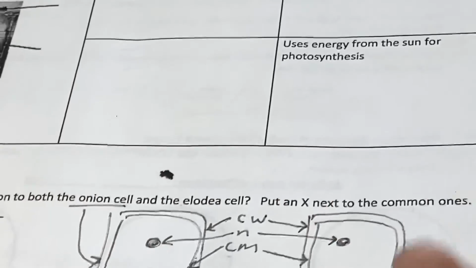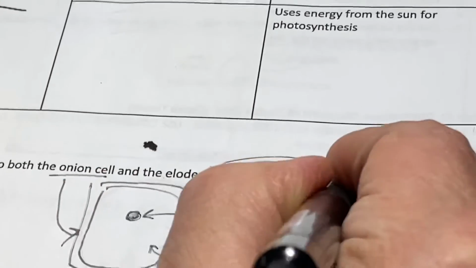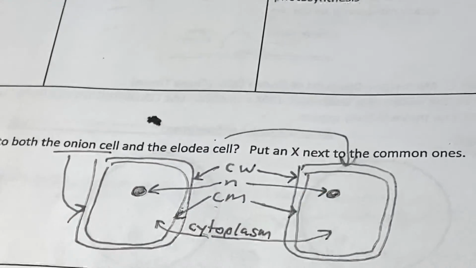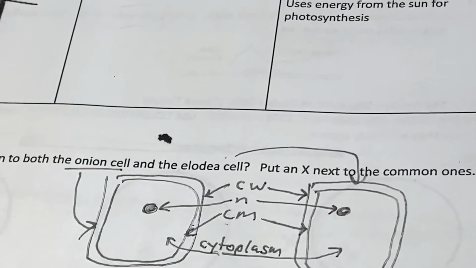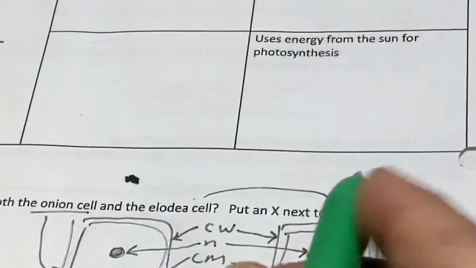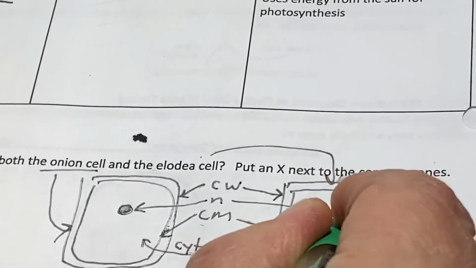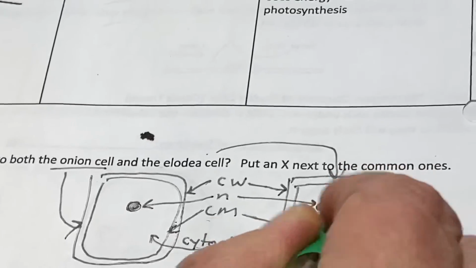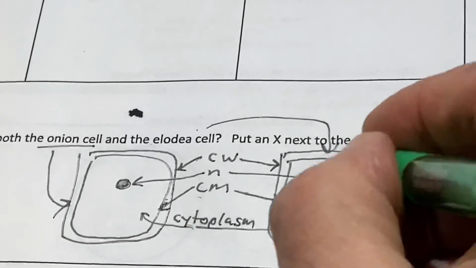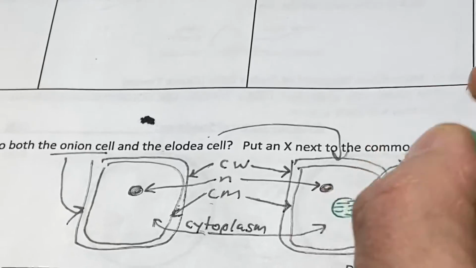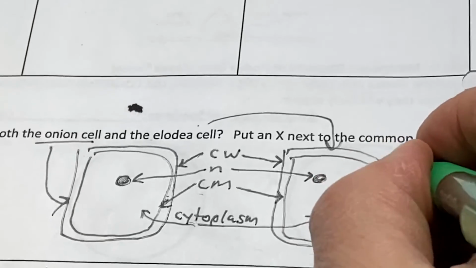okay? And this thing over here, this is our Elodea cell. So if you remember, the Elodea was green. So the reason it's green is because it's got a structure inside of it that's green, like that. And this little guy has a name. It's called a chloroplast.